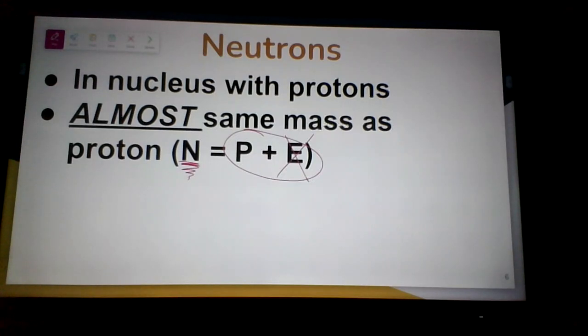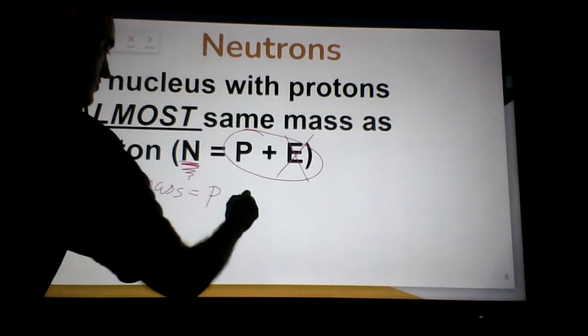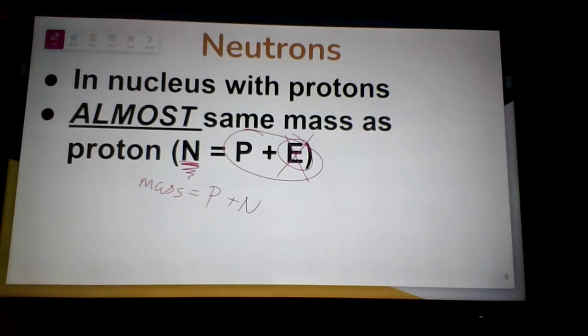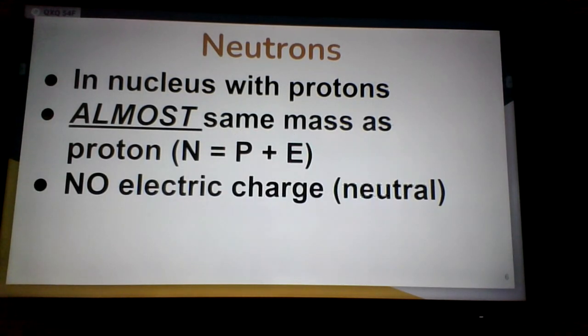The mass of an electron is so small that if we just say mass equals, let me write that, mass equals proton plus neutron, we're automatically including the electron in there. So we don't have to count the electron. There's no electric charge in a neutron. That's why they're called neutrons, because their electric charge is neutral.